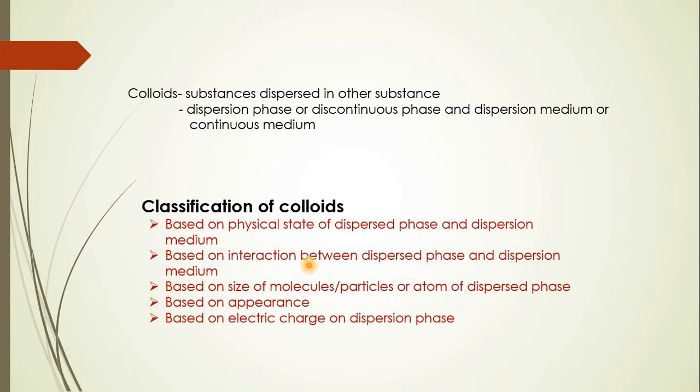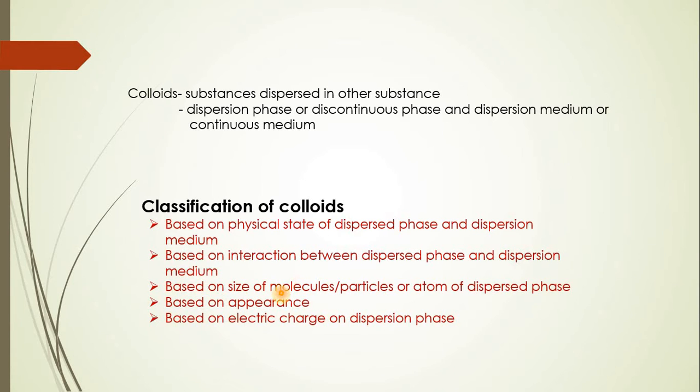Now, this colloid can be classified on various different aspects, and the classification is as follows. The first one is based on the physical states of the dispersed phase and the dispersion medium. Then the second aspect of classification is based on the interaction between the dispersed phase and the dispersion medium.